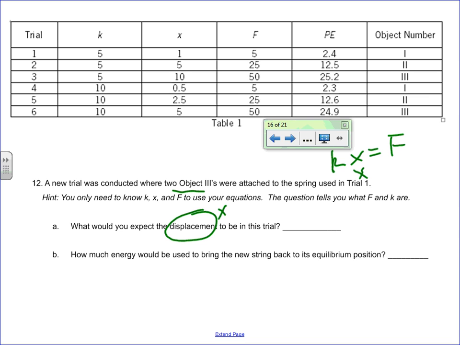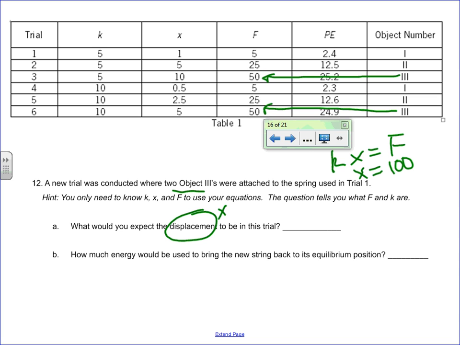So how much force does object 3 exert? 50. If we look at object 3 both times, we'll see that no matter when object 3 was used, it exerts 50 newtons of force, because the force is coming only from that object. All right. However, how many object 3s are we using? 2, which means what is the actual force? 100. So in this case, we should have 100 there. So now we have an F value of 100, which is 2 object 3s.